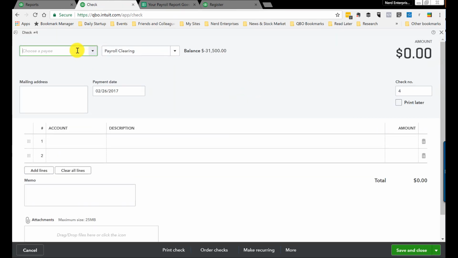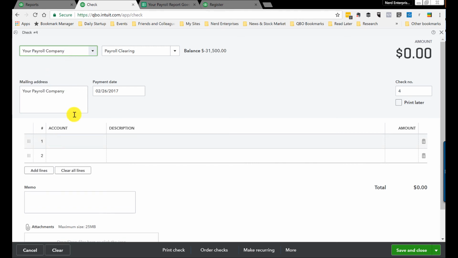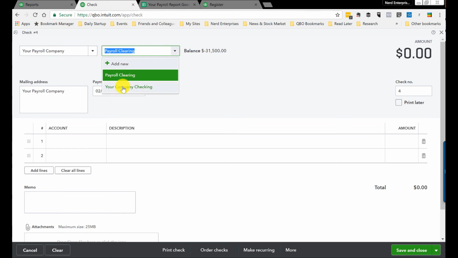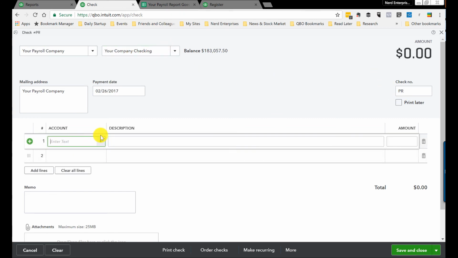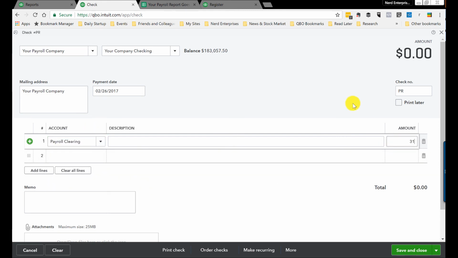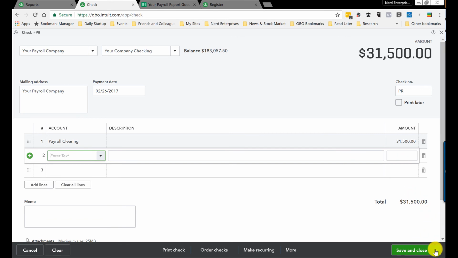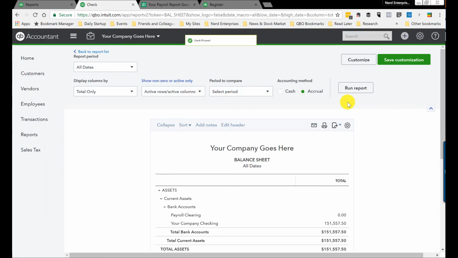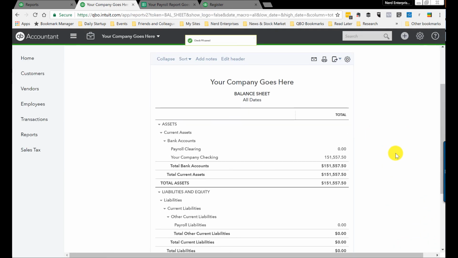Again, this is going to be the payroll company, right? And then if we're writing this out of the checking account, because that's where it's coming out of, this is the payroll clearing, $31,500, save and close. And now we're back to where we were before.